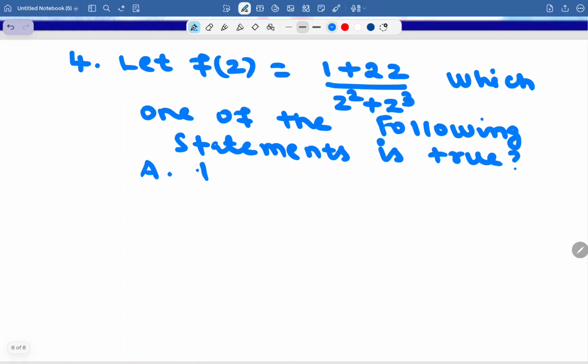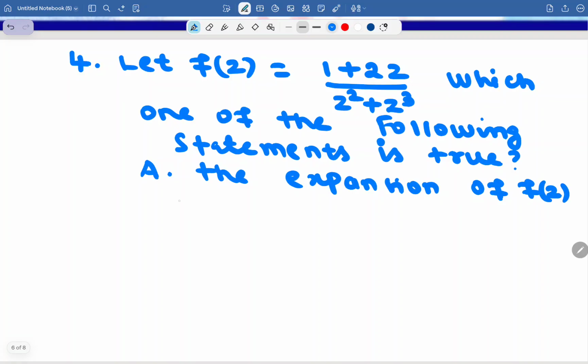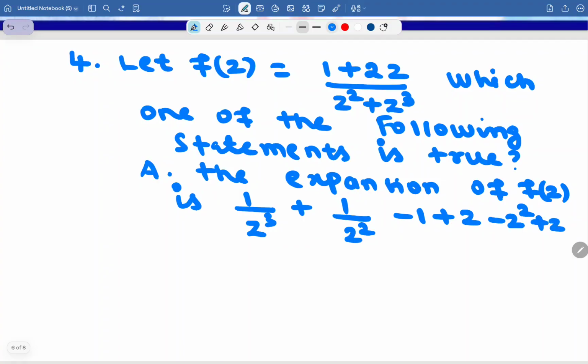Option A, the expansion of f of z is 1 by z cube plus 1 by z square minus 1 plus z minus z square plus z cube for 0 less than mod z less than 1.